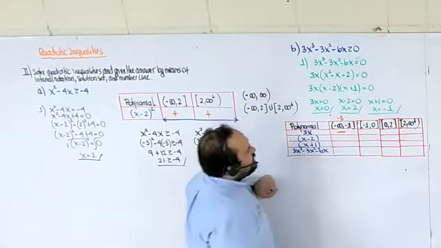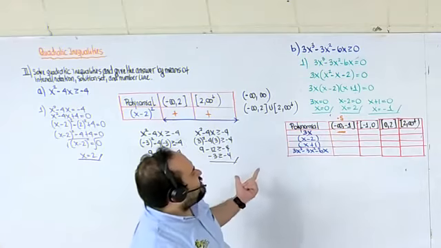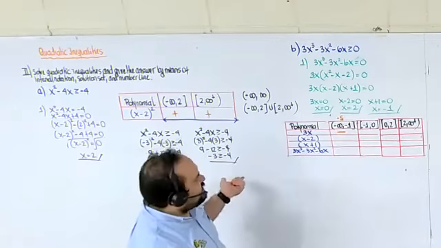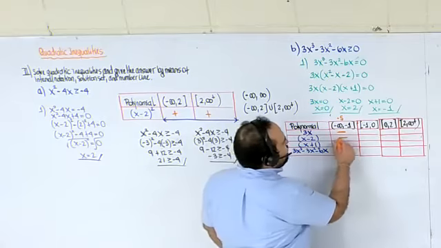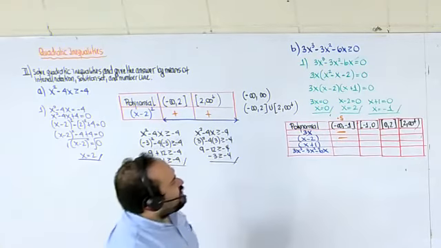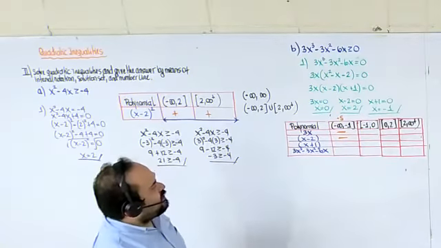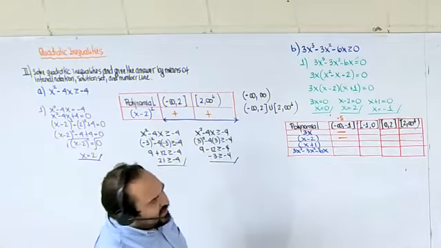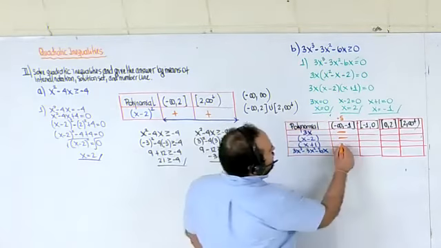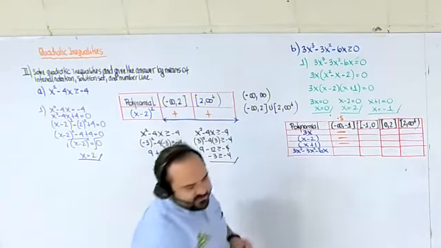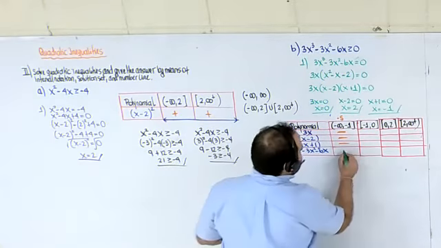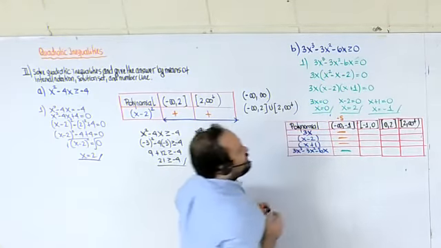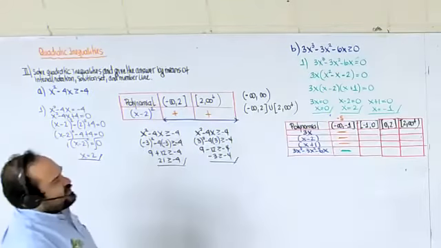That was negative. In the second one, -5 minus 2 is negative also. Excellent. For that reason, we're going to have a negative value. On the other hand, -5 plus 1 will be negative, right? -4. So we have 3 negative signs. Negative times negative times negative will be negative. This is going to be the first answer.